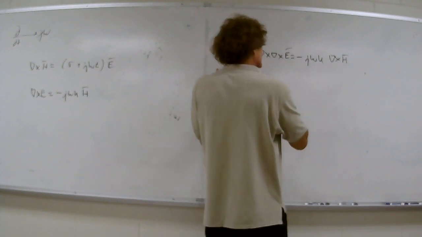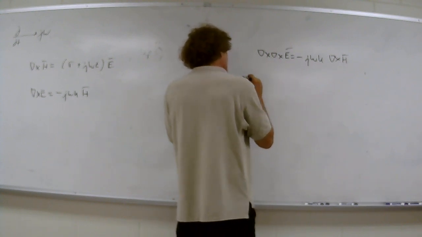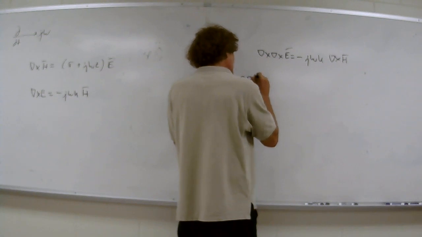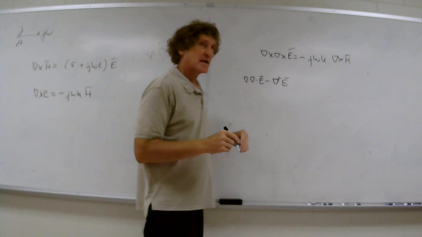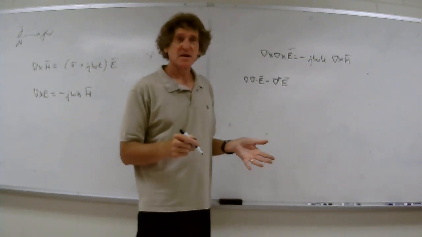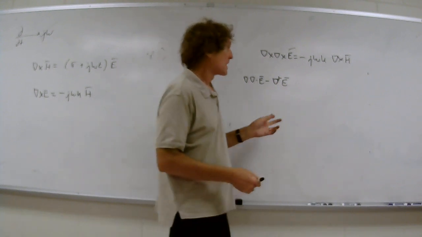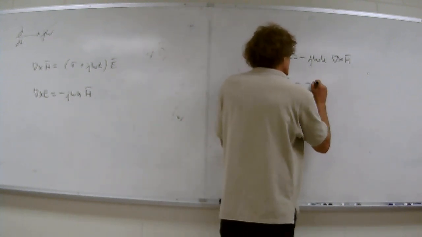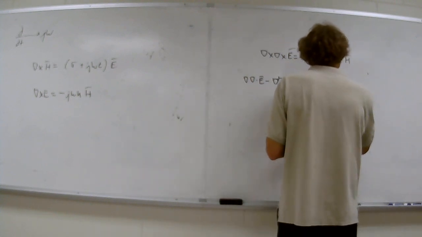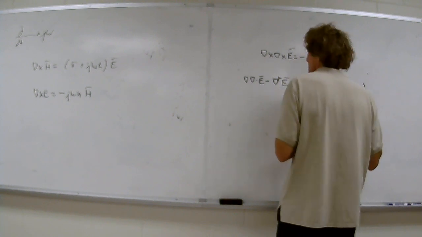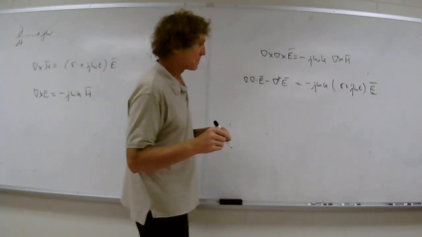And by the way, curl of curl of E is actually equal to the gradient of the divergence of E minus del squared E. This is one of those vector calculus things. Did you have this or not? You probably didn't. If you have no reason to know it, you don't know it. And this is equal to minus j omega mu times the curl of H, and the curl of H is sigma plus j omega epsilon times E. And lo and behold, now we have one equation with one unknown.